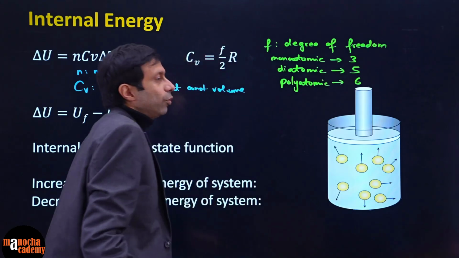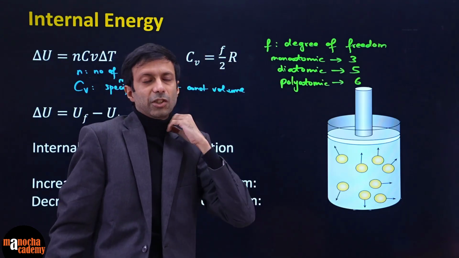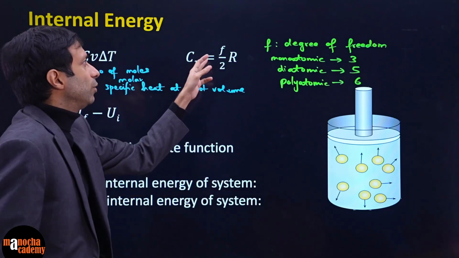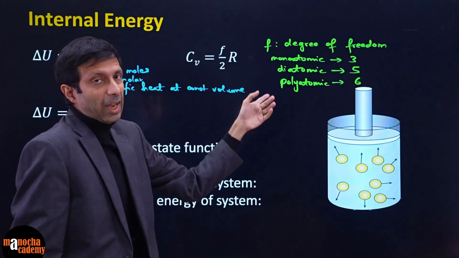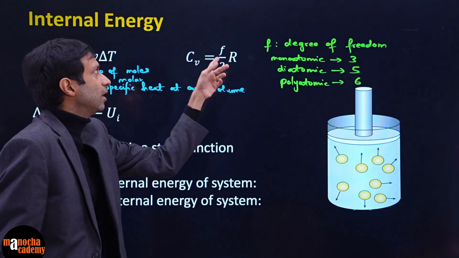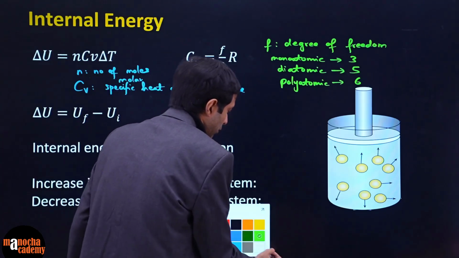Now you'll say, how do we get this? All these details we are going to be discussing in the next chapter on kinetic theory of gases. But you just believe this formula, that Cv you can easily find based on the type of gas. So that's very powerful. Or sometimes they'll give you the degree of freedom, and you just substitute it here, times R. Do you guys know what R is? R is that famous universal gas constant, right?